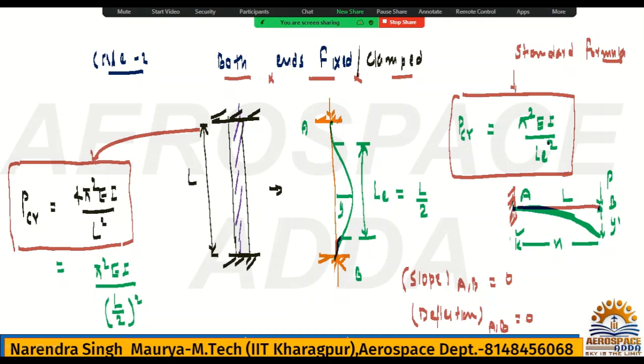Over the elastic curve, the tangent line you may get, and that time slope will be 0. See, this is the maximum deflection case. If you draw the tangent, it will be like this, that means slope is 0. But if you ask what is the slope here, this is not a maximum deflection case, so here you will get the slope. You got my point or not? Yes, sir, I got it.